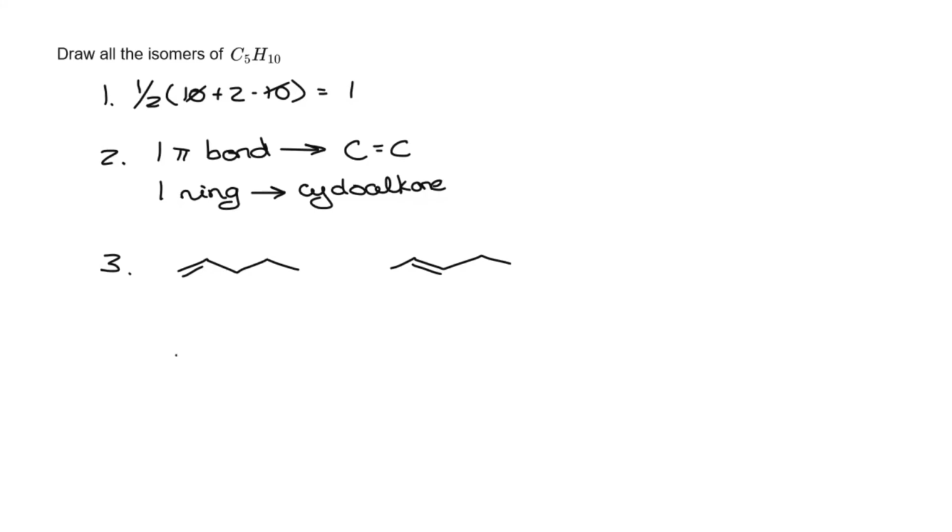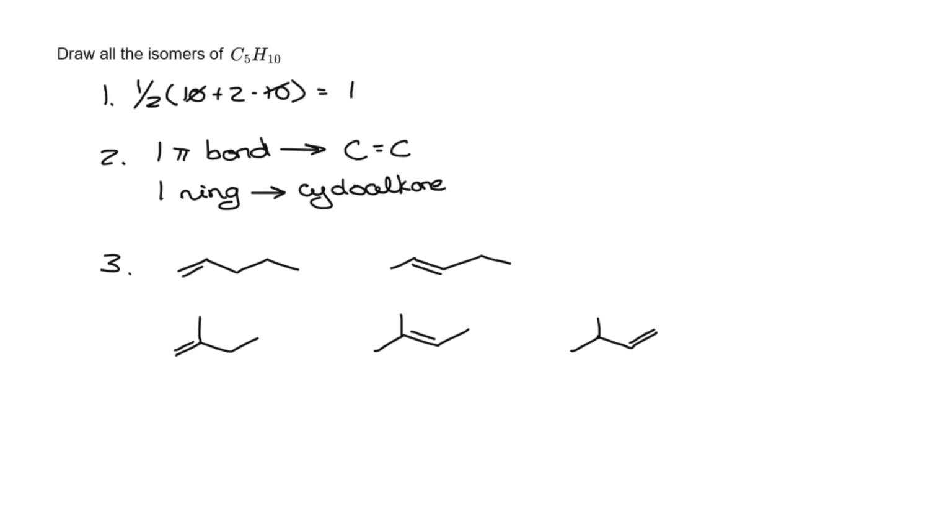Then we'll do a shorter chain, 4 carbons with 1 branch. And the branch obviously cannot go on the end, so we're going to put it in the middle. And then we put the double bond, starting on the left, going to the middle, and here on the right.